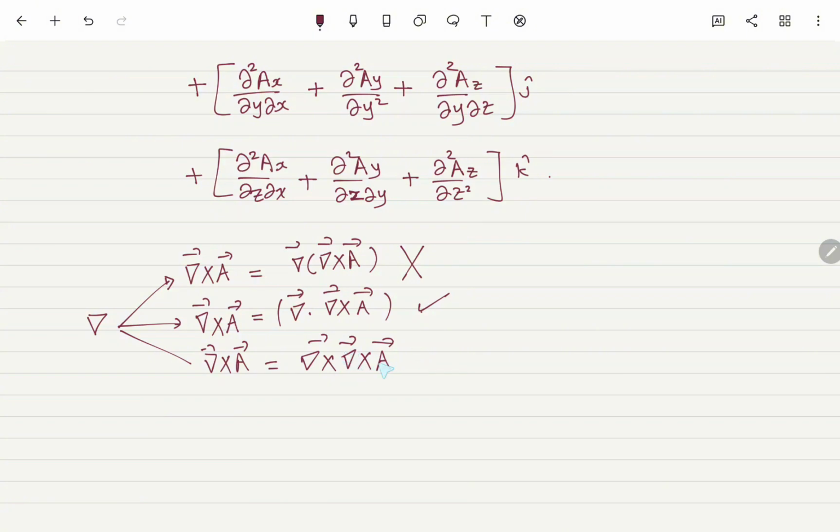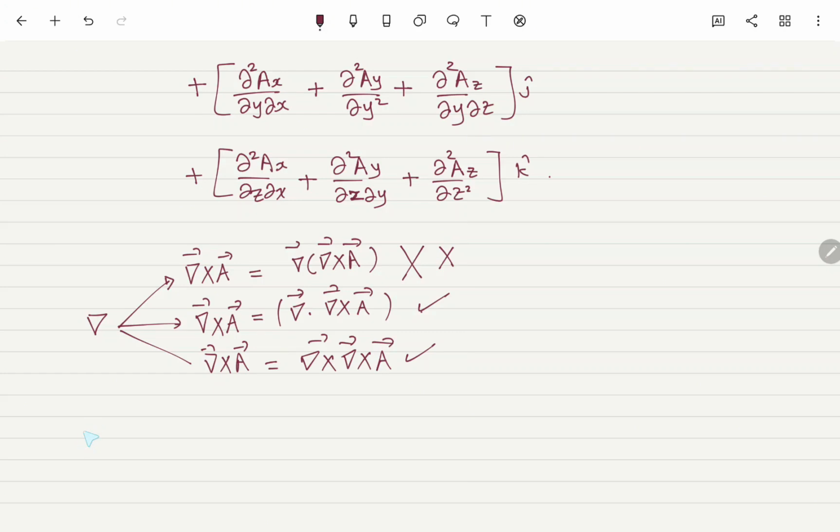Now curl A is a new vector cross another vector, again this is a possible case. So out of the three, we might have two possible cases, and this case is not possible at all. Now let's discuss these two possible cases.